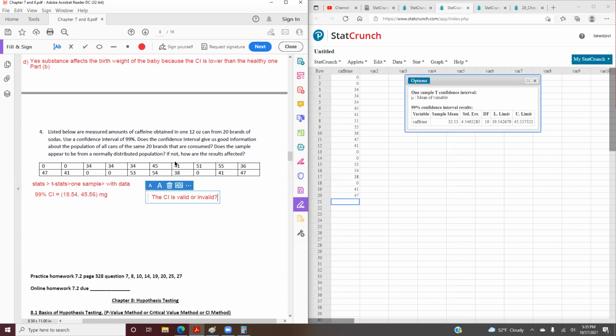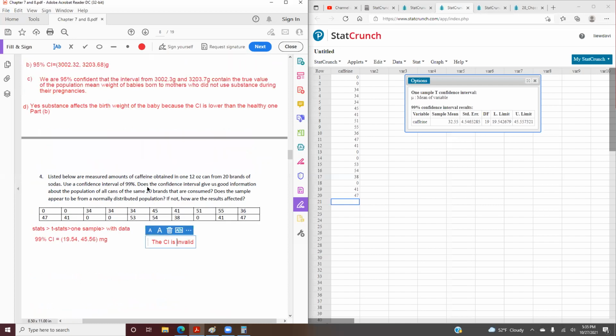What do you think about this? Is it giving good information or not good information? So this is not valid. Yes, so the confidence interval is not valid.